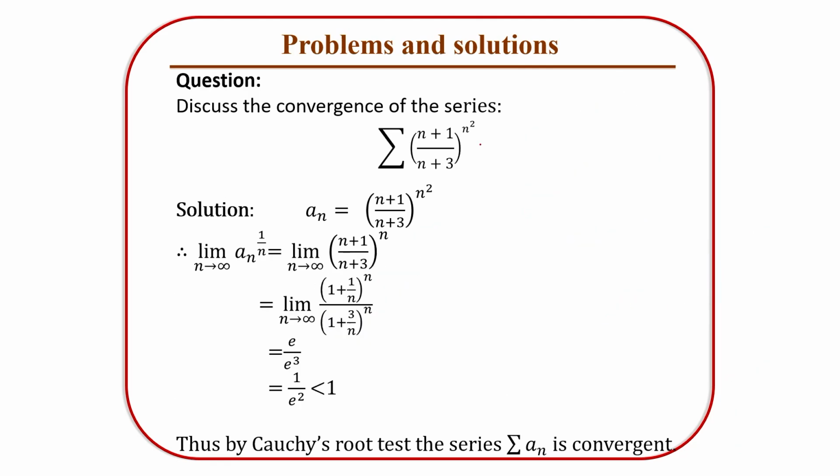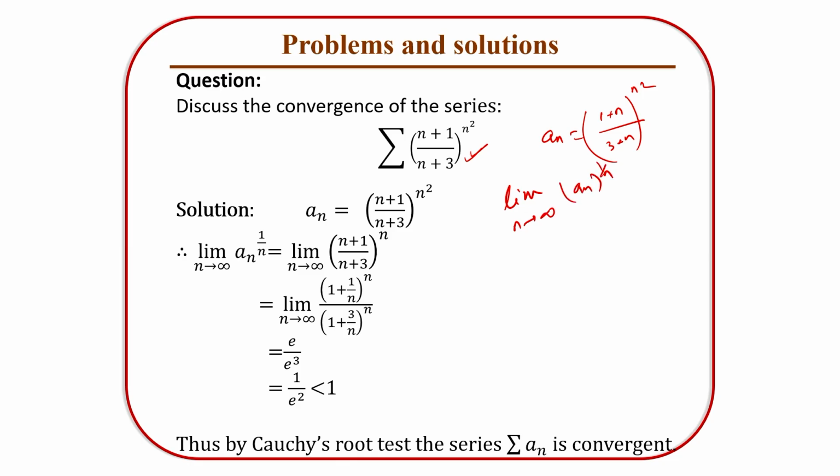Look at another series in which you have a power of the terms in the power. So a_n is given as ((1 plus n) divided by (3 plus n)) whole power n square, right? Now I am going to calculate limit n tends to infinity a_n power 1 by n.